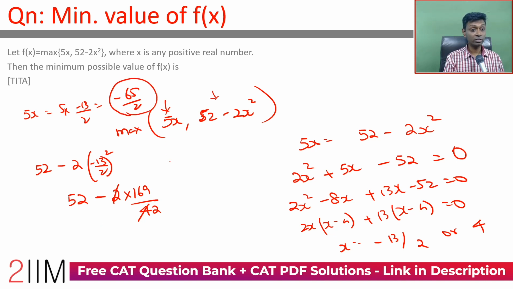I need not have done all this. The two values are equal. So when x is minus 13 by 2, we get minus 65 by 2. That is f of x.